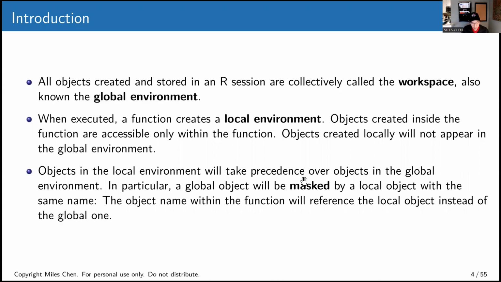And then if you write a function, when the function is running, it creates something called a local environment. We mentioned this when we were talking about functions: any objects that are created during the running of the function only exist inside the function, and those values don't appear in the global environment.